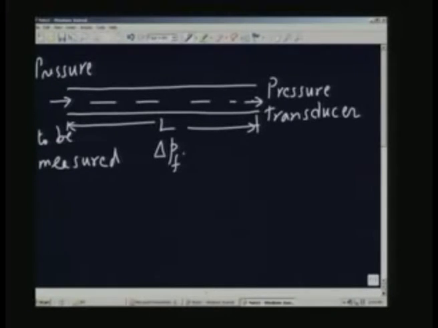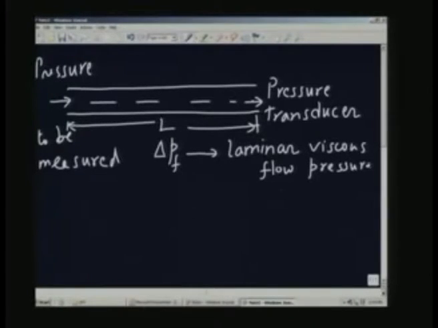This is identified with the pressure drop due to viscous flow. So, this will be due to laminar viscous flow. We will say laminar viscous flow pressure drop. Actually, the pressure drop will be negative.